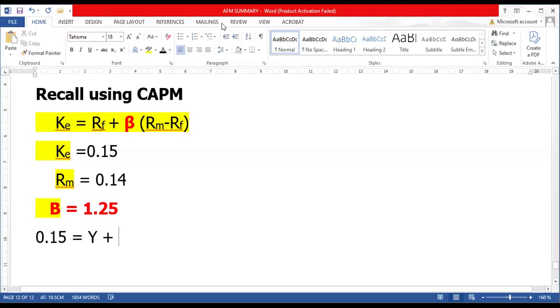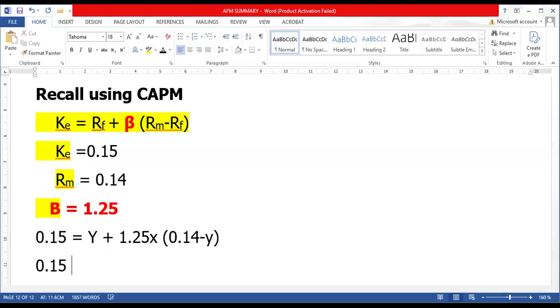Then beta is 1.25, RM is 0.14 minus RF, Y, which you're looking for. You see, this number is easy, but students mess up in correcting like terms.